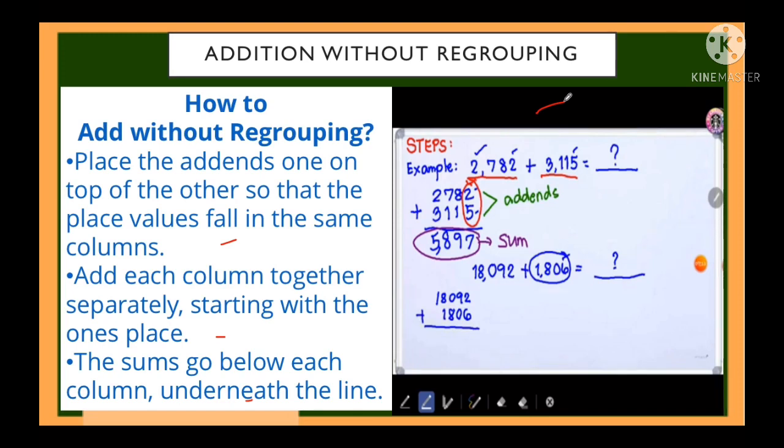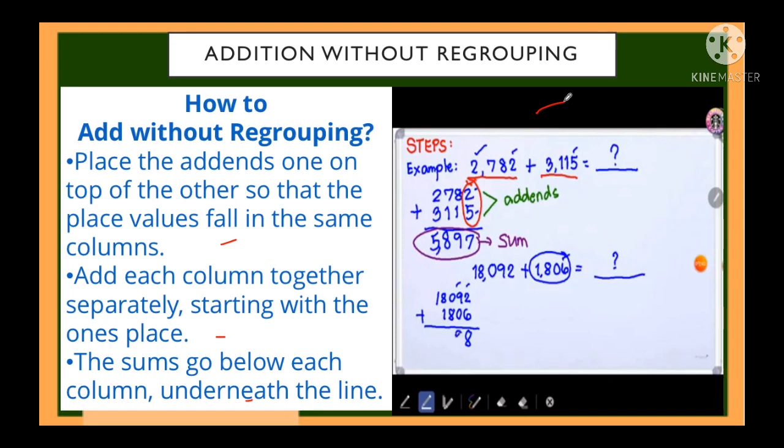What will be our second step? We need to add each column. We will start with the ones place. So what will be 2 plus 6? That will be 8. Good job. Next one, after ones we have tens place. So 9 plus 0 is 9.